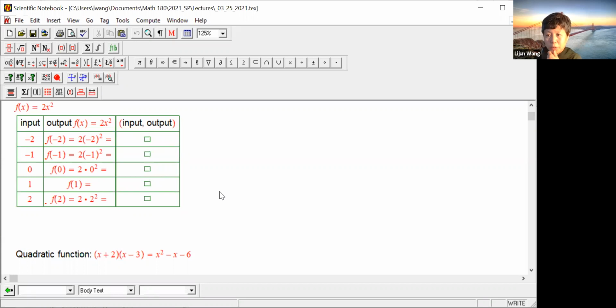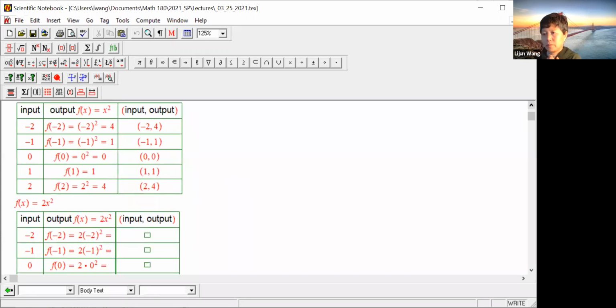So for 2x squared, could you guys plot the points? Are you calculating? Okay. I'm going to put this away just temporarily.